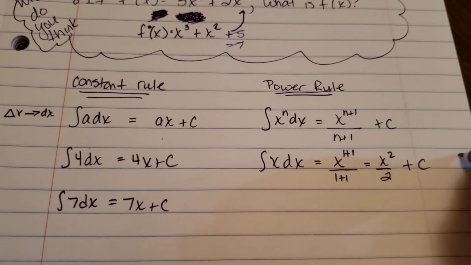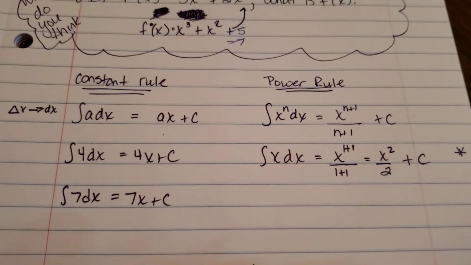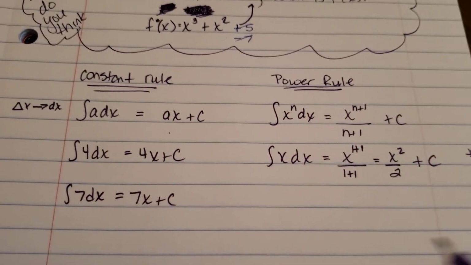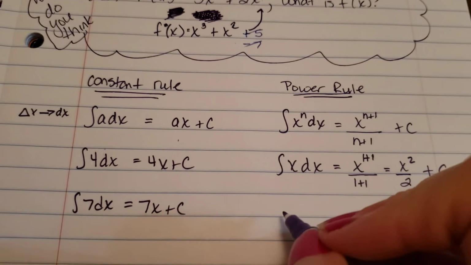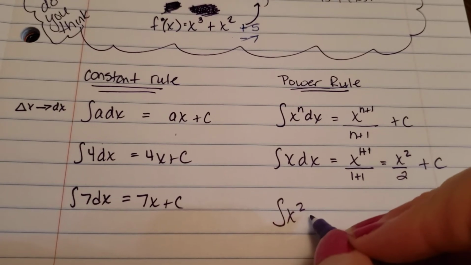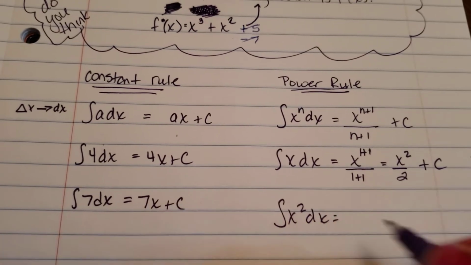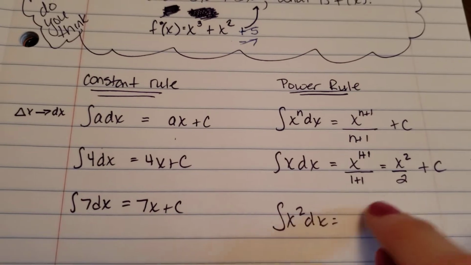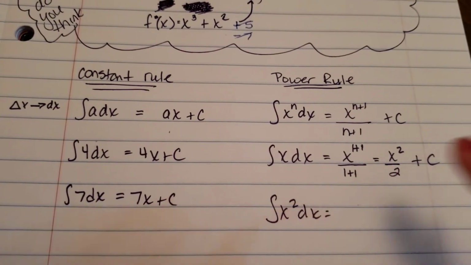Sometimes you'll see this as a unique rule, but it's not really a unique rule, it's part of the power rule. So another one you sometimes see as a unique rule is the integral of x squared. But this is just the same thing as the power rule.